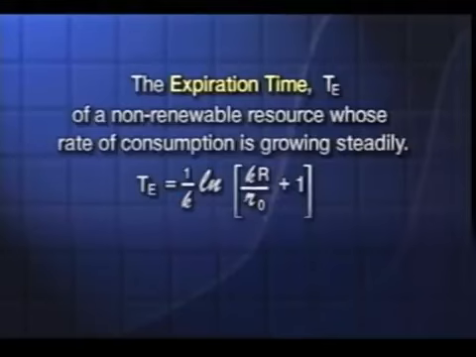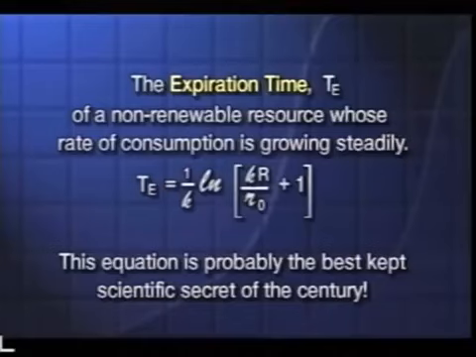For the expiration time, I'll tell you it takes first year college calculus to derive that equation, so it can't be very difficult. You know, I have the feeling there must be dozens of people in this country who have had first year college calculus. But let me suggest I think that equation's probably the best kept scientific secret of the century. Now let me show you why.